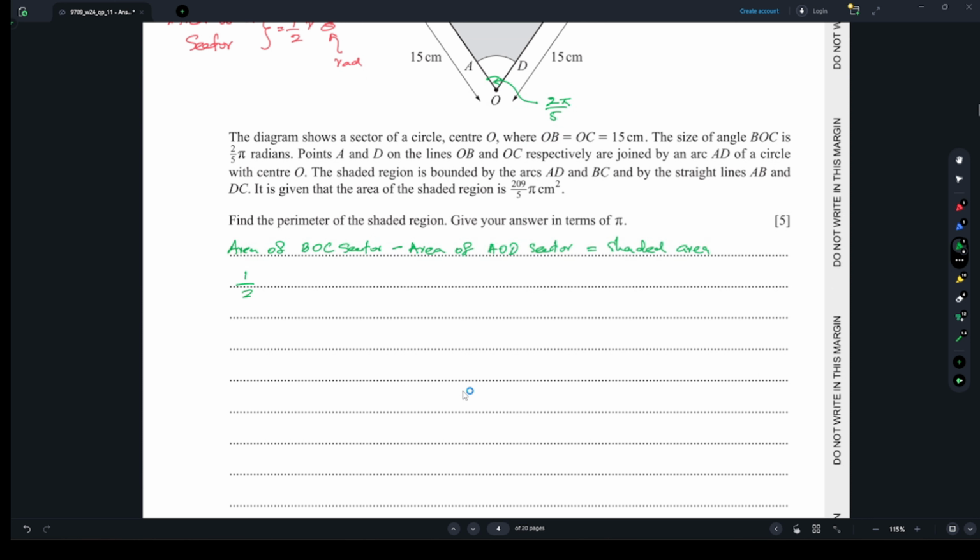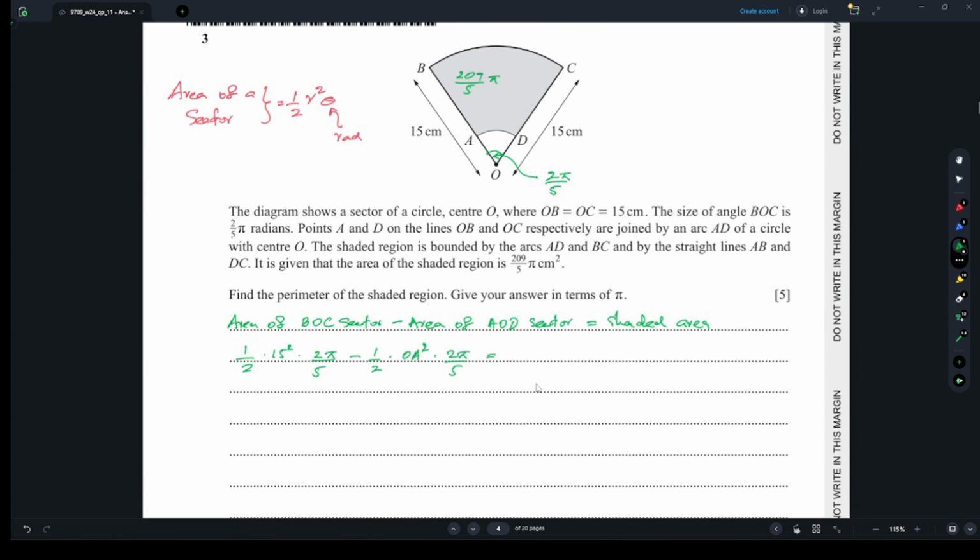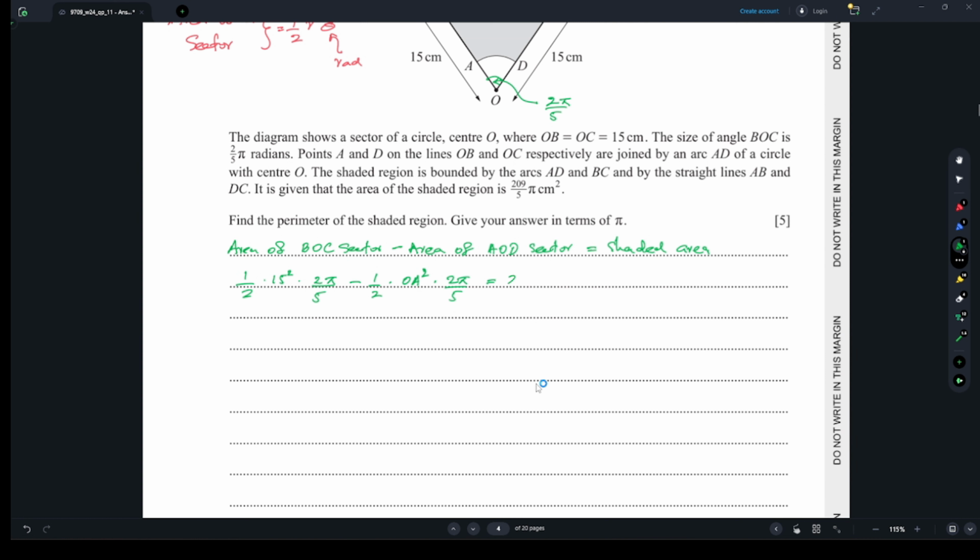So we can write half times 15 squared times theta, which is 2 pi over 5, minus, then the small part, half, the radius is AO, so the square of that one and the angle, equals the area they gave us, 209 over 5 pi.